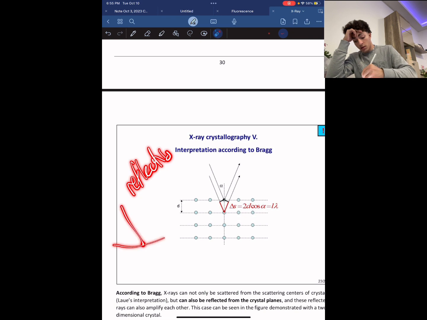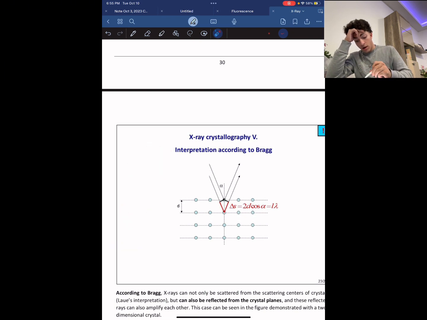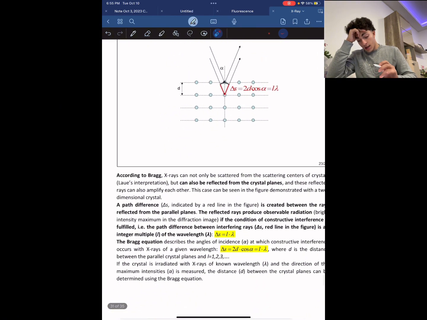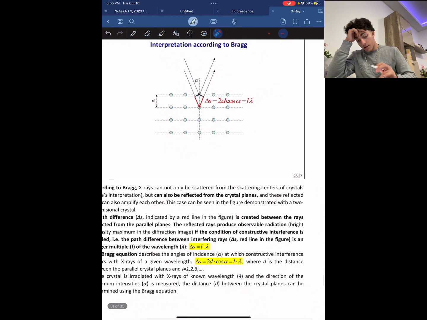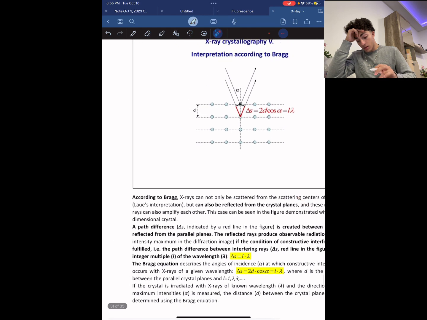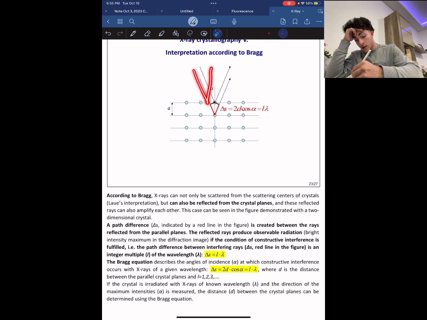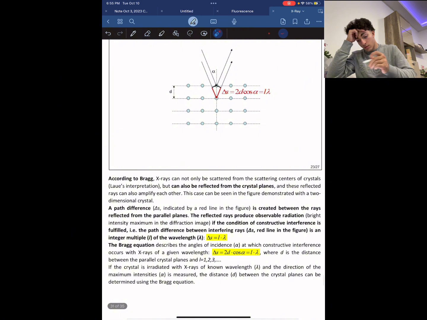So it hits something, gets reflected. And this is saying that X-rays can not only be scattered from the scattering centers of crystals, according to Laue's version, but can also be reflected from the crystal planes. So it's saying that if you were to hit this, then something would happen. And the path difference is calculated like this.